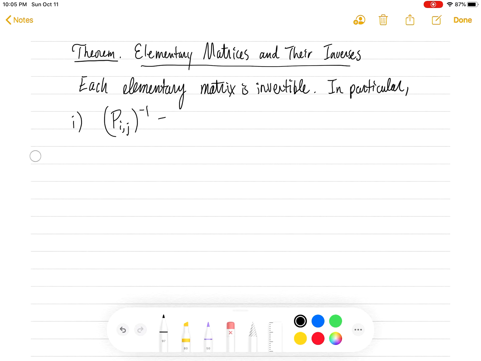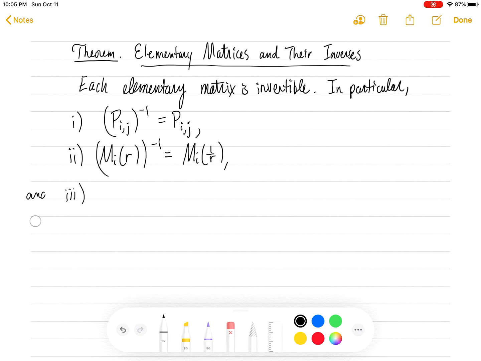In particular, number one, the inverse of Pij is Pij. Pij is its own inverse. Number two, the inverse of Mi of r, of course r is not 0 here, is Mi of 1 over r.